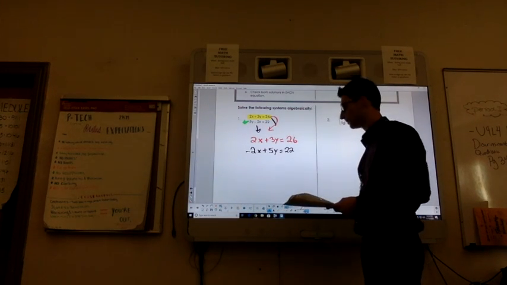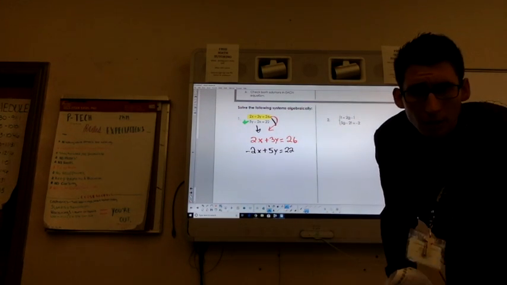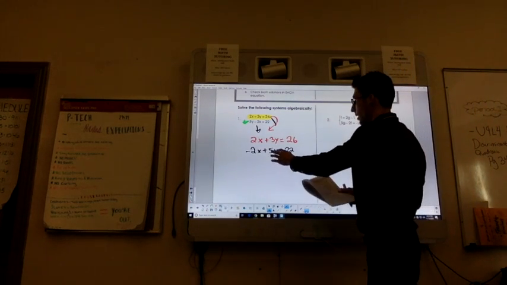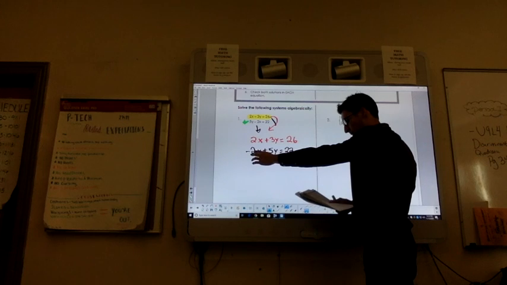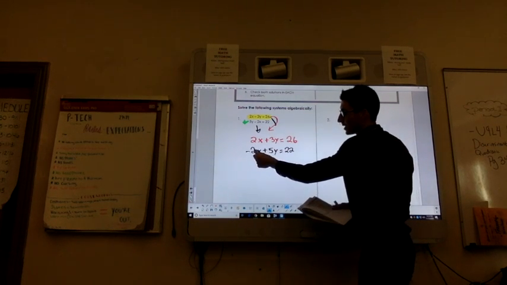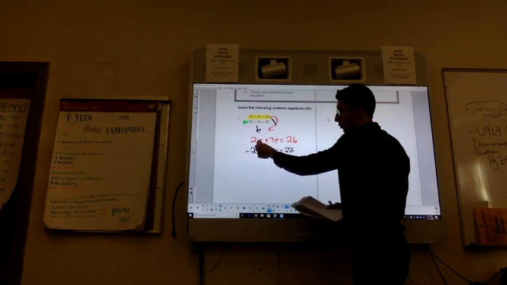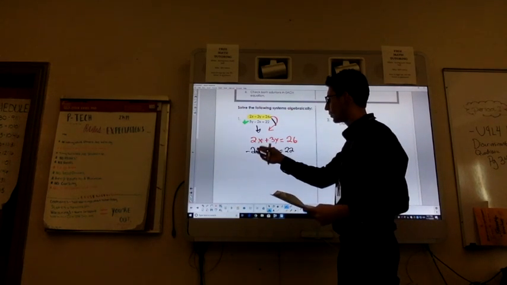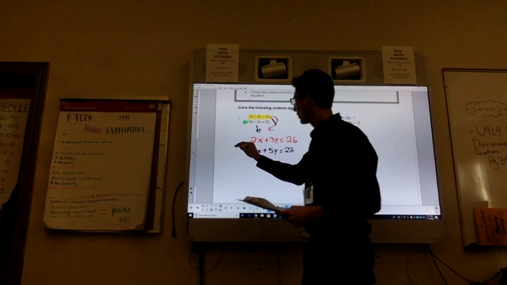Okay, so that's good. I made it so it's in Ax plus By form. Now I have the same value with different signs for x, and that's exactly what I needed.